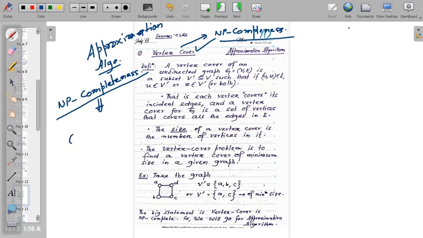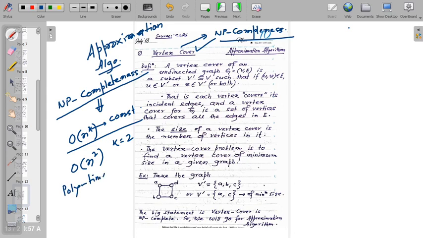If for a problem we have an order of n to the power k time algorithm, where k is a constant, say order of n squared with k equal to 2, or order of n cubed with k equal to 3, then we say that problem is polynomially solvable, a polytime algorithm exists for that problem.